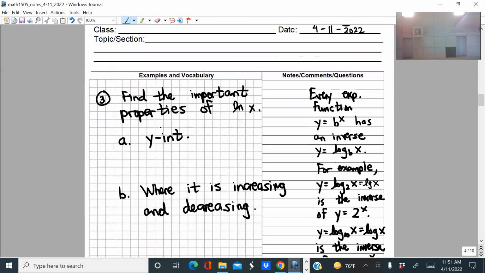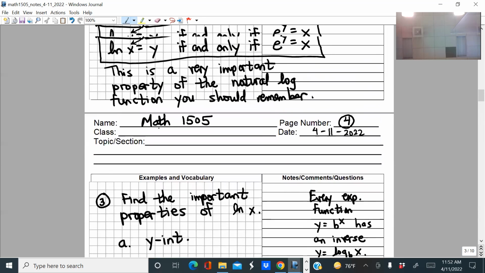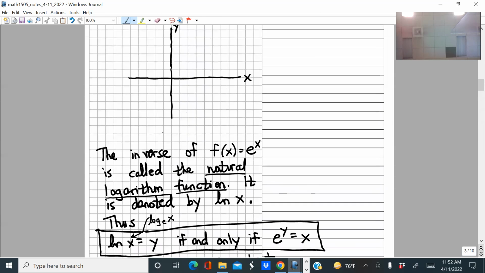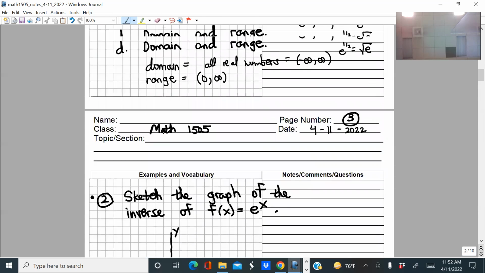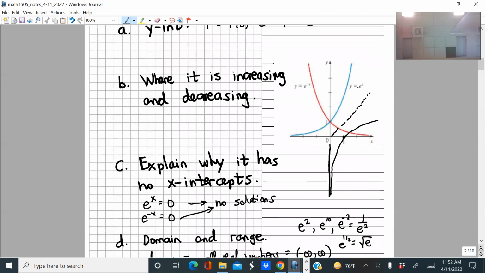Let's see if we can find the important properties of natural log of x. I think some of them we can just tell from the graph. So, y-intercept, let's look at the graph. We scribbled the graph up here, because we know it's the inverse. This curve is the inverse of e to the x, so this is the graph of natural log of x.